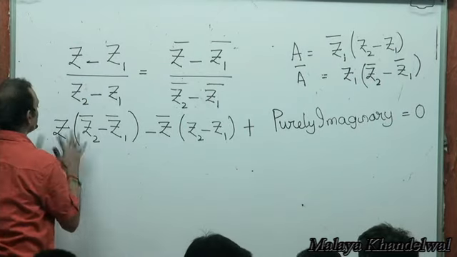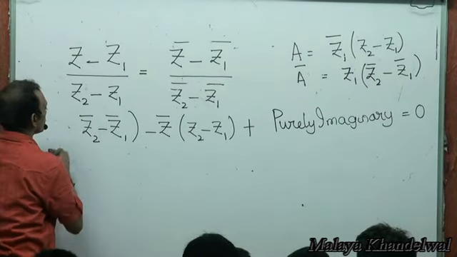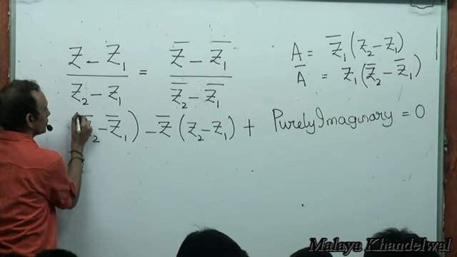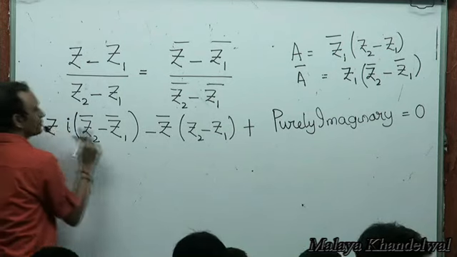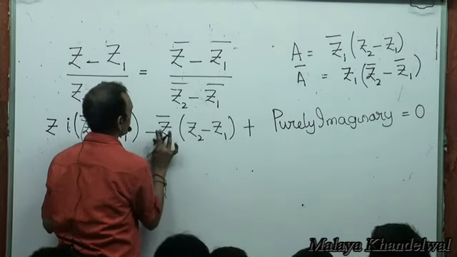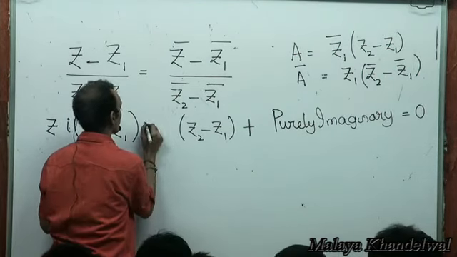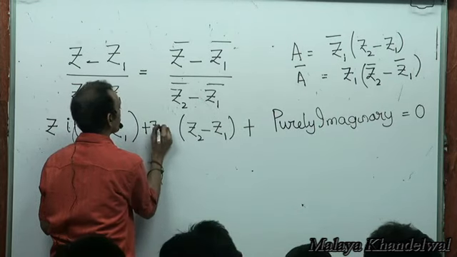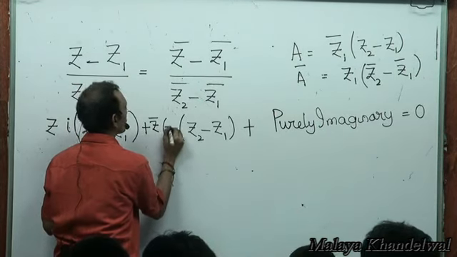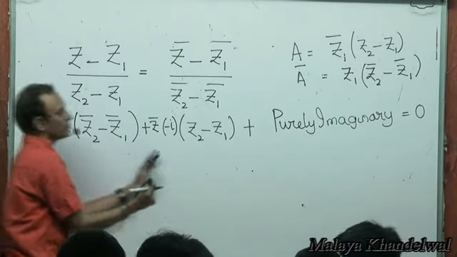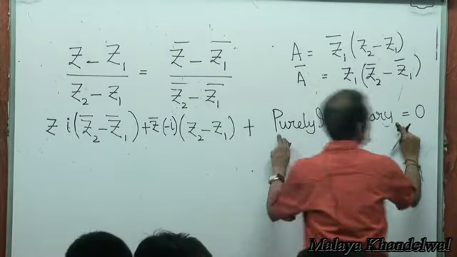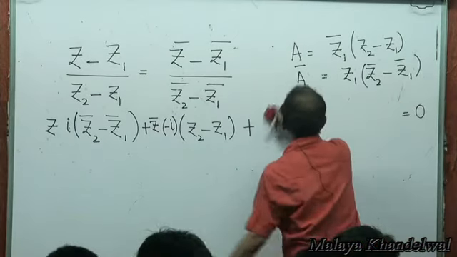So if I did that, z minus i, right? This is a minus sign, so this will become minus i. And this purely imaginary will become purely real.